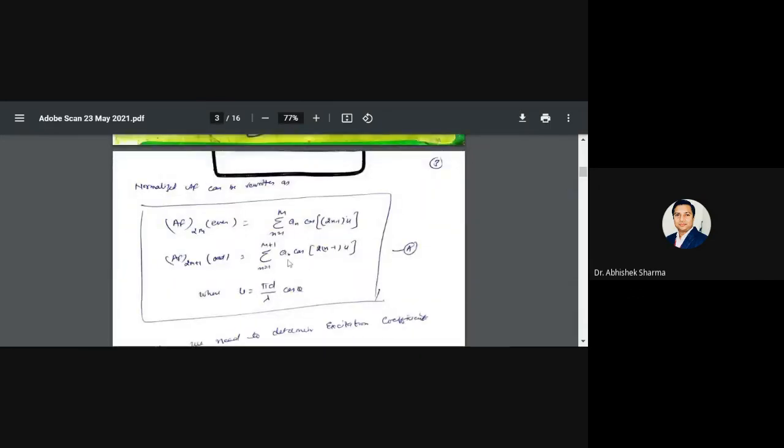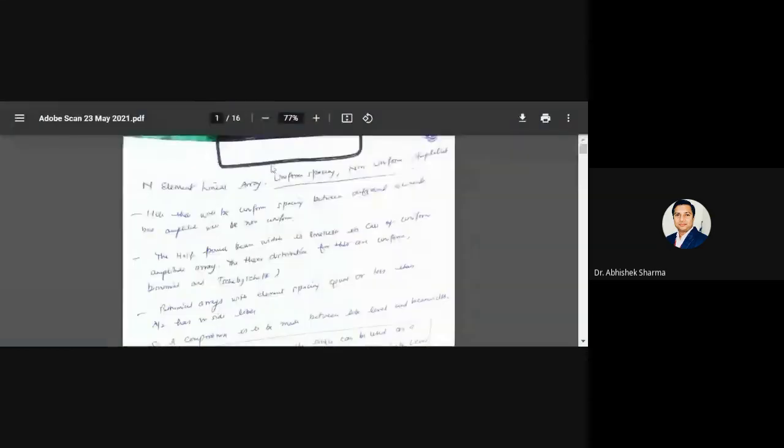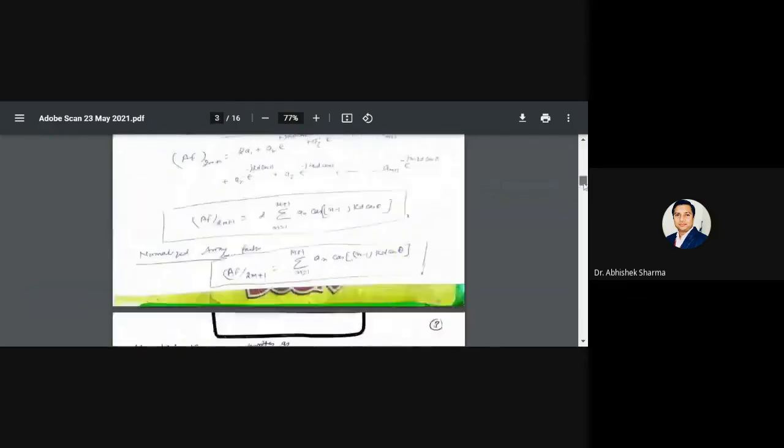We can put the values of these A's, d is equal to lambda by 2, and we can form an array factor for even or for odd. And these all are a part of an n element linear array with uniform spacing and non-uniform amplitude. I hope you have understood this topic.